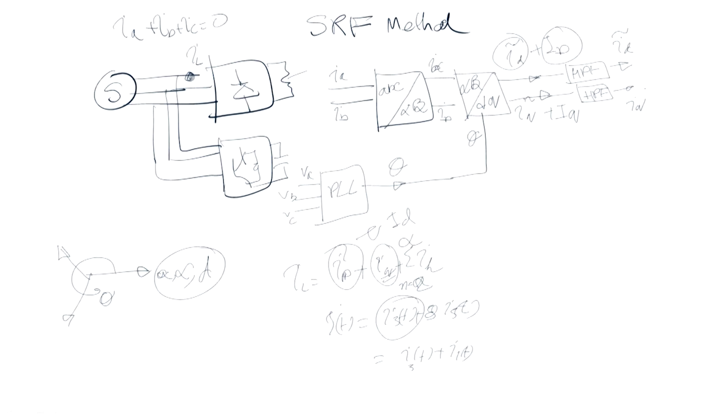This Id delta and Iq delta are again reconverted, first dq to the alpha beta frame, alpha beta to again the ABC frame, and then it will be fed to the PWM, and this point will go to this point.